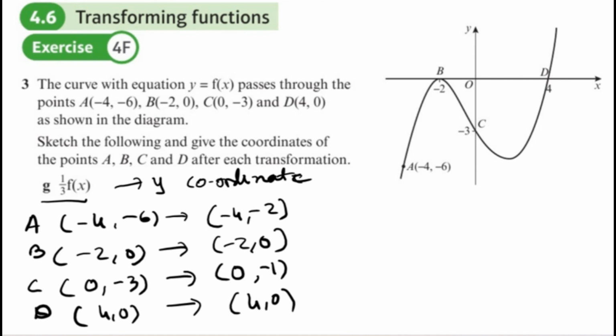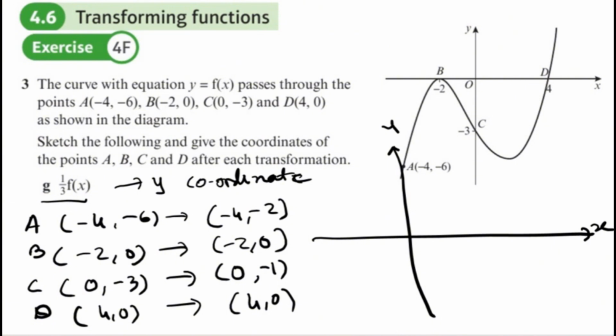Okay. Now let's try to sketch the graph. So x axis, y axis. I have to take the coordinate minus 4, minus 2. So this is minus 4 and this is minus 2. There is 1 point I will get, which is point A here.